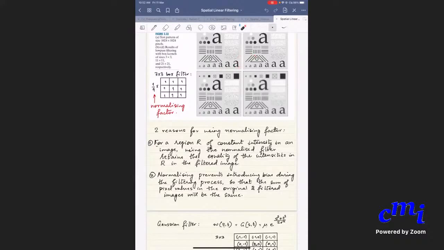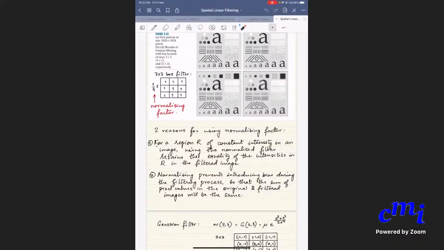Even in the filtered image, we are seeing the same intensity in the background, correct? So all these filterings are not changing it, or even within this letter. This is also an area of constant intensity. All these pixels have the same intensity, and that same intensity is retained. So to retain these intensities in areas of constant intensity, you have to take this normalizing.